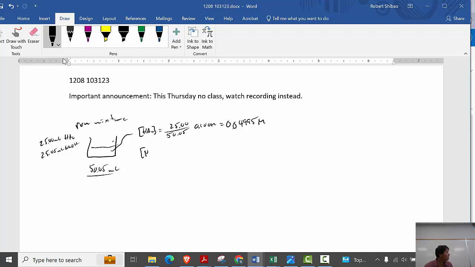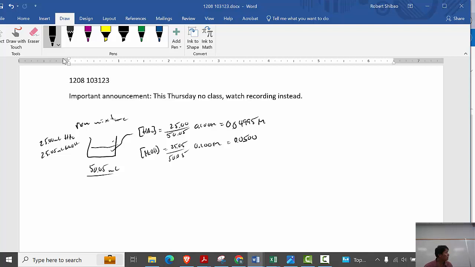And then the sodium hydroxide, we're going to have just a slight excess of the sodium hydroxide. This is going to be 25.05 over 50.05, dilution of 0.100 molar. And that's going to give us what? 0.0500.